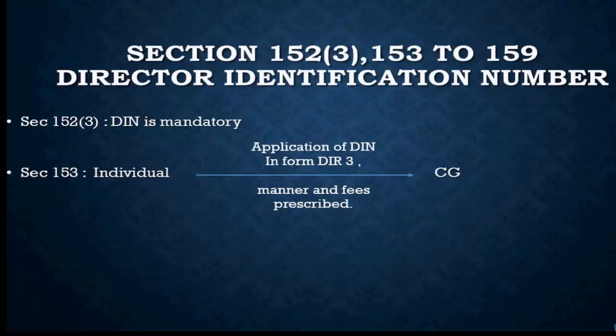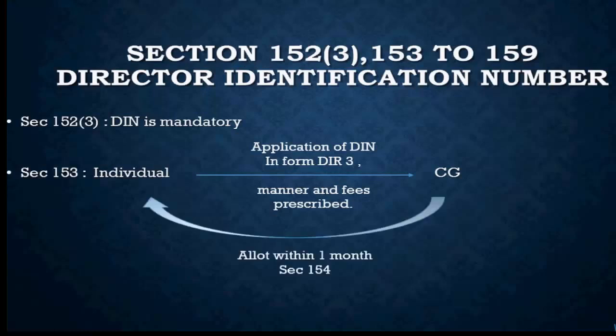Once the individual applies, the Central Government has the responsibility of processing the DIN, and if everything is correct, it has the obligation to allot the DIN within a period of 1 month as per section 154. And if something is missing in the details, or some detail is found fraudulent, or there is some other case, the action taken by the CG will be discussed when we cover the rules, right?